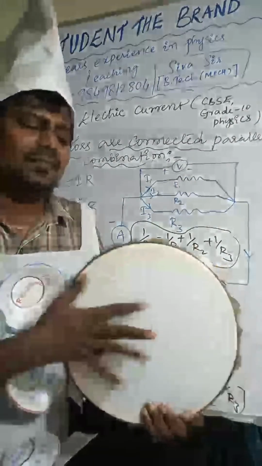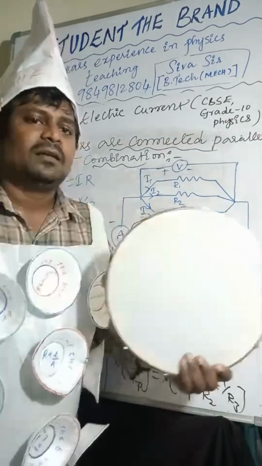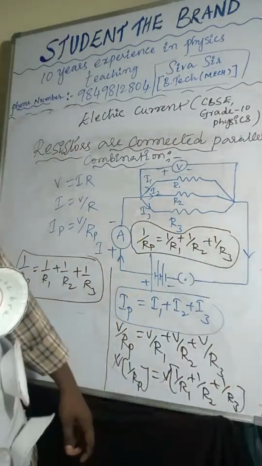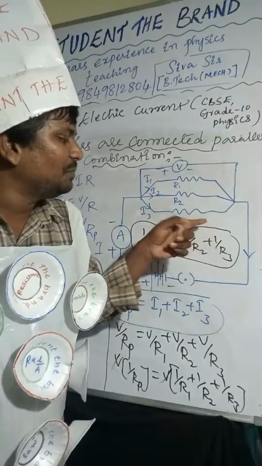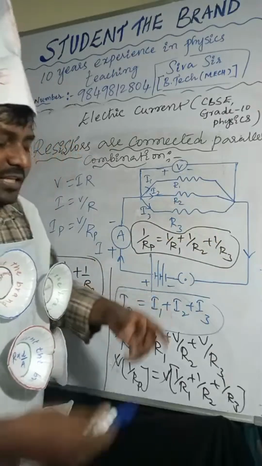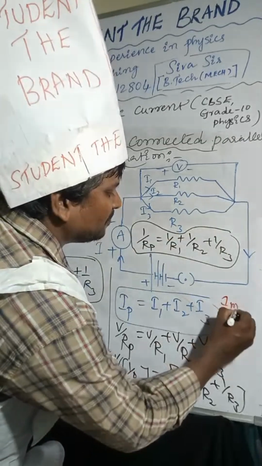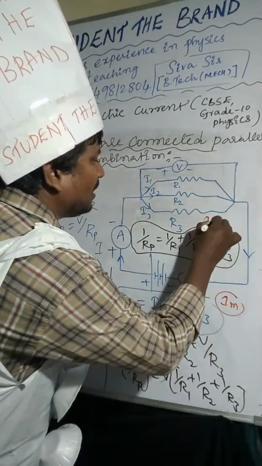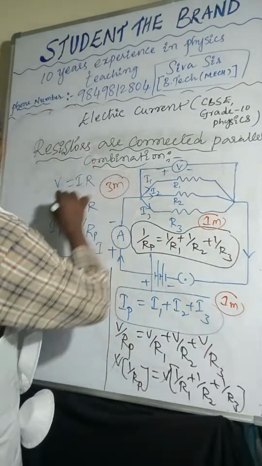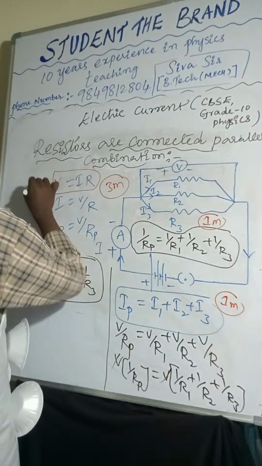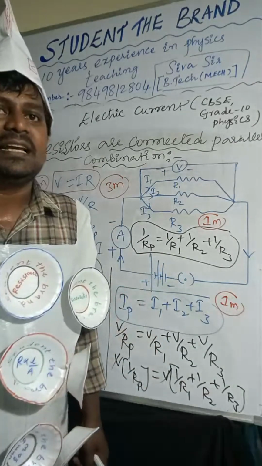Practice this concept: 1 by RP equal to 1 by R1 plus 1 by R2 plus 1 by R3. This will come for 1 mark, the entire explanation will come for 3 marks, and Ohm's law will come for 1 mark.